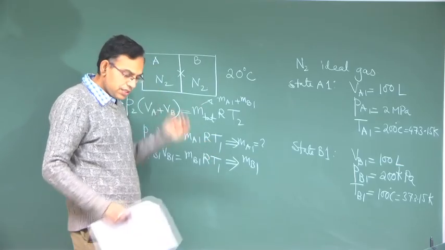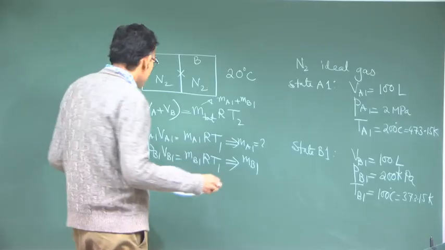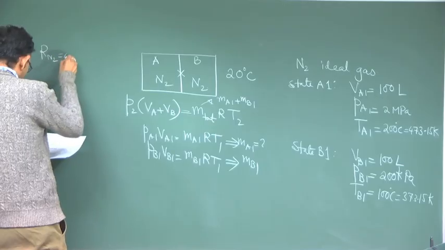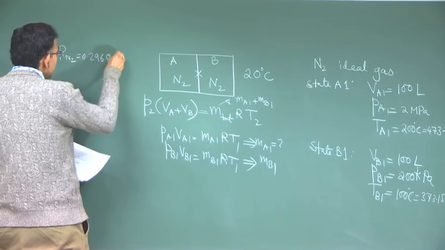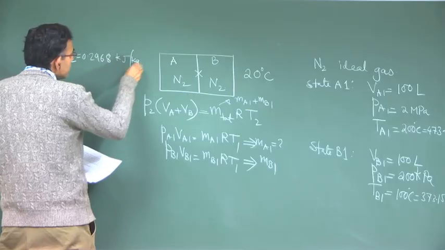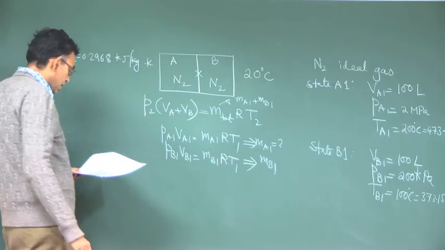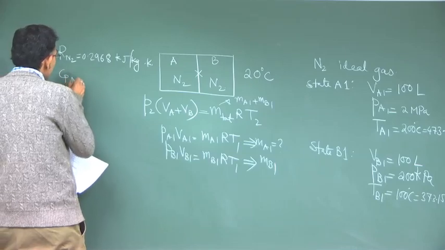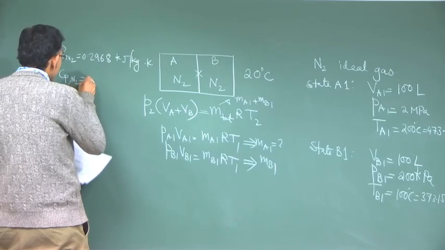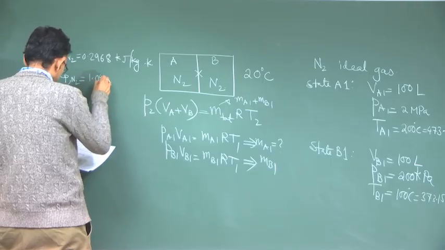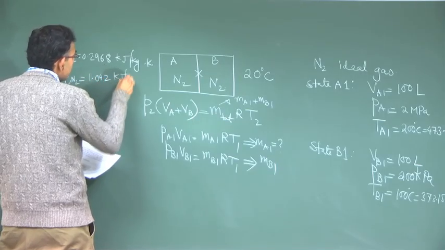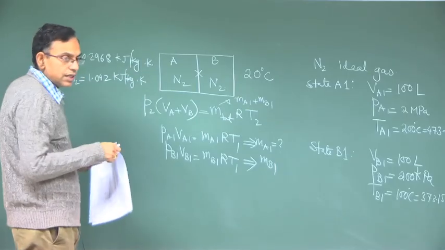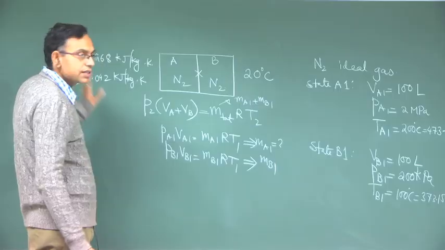So, for nitrogen the value of R will be 0.2968 kilojoule per kg Kelvin, and Cp of nitrogen, which we will require for one part of the problem, is 1.042 kilojoule per kg Kelvin. Once you have R and Cp, you can calculate Cv, that does not require additional input because Cp minus Cv is R.